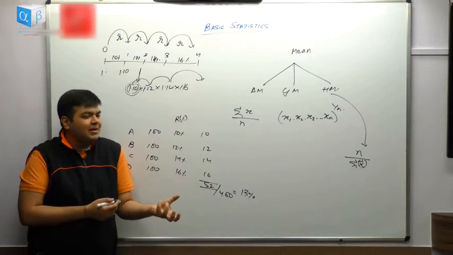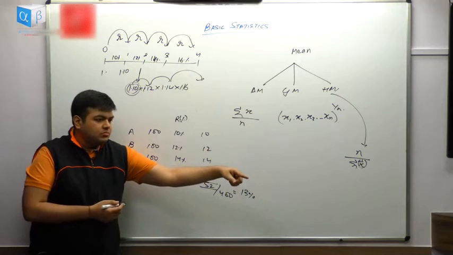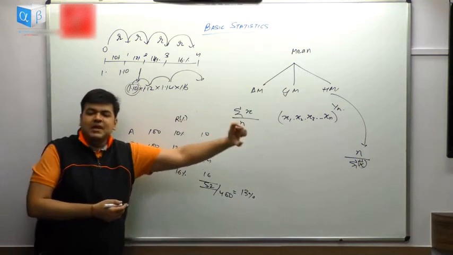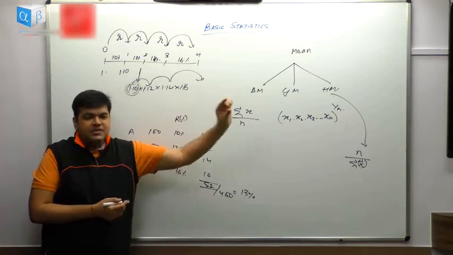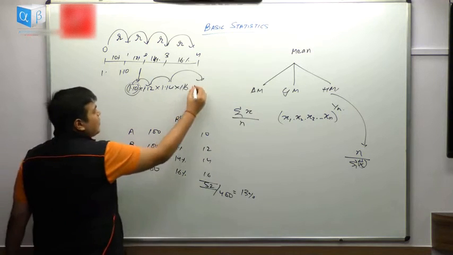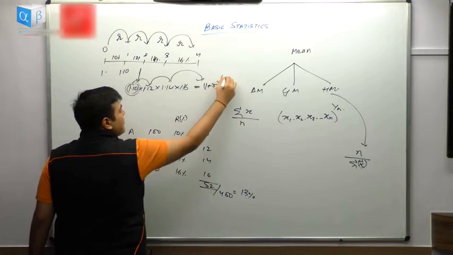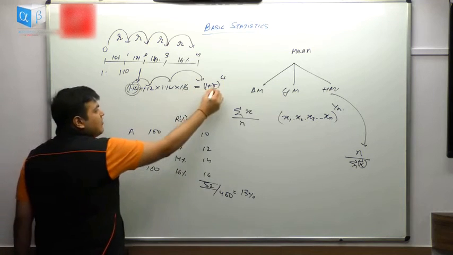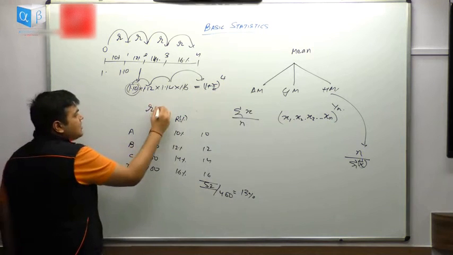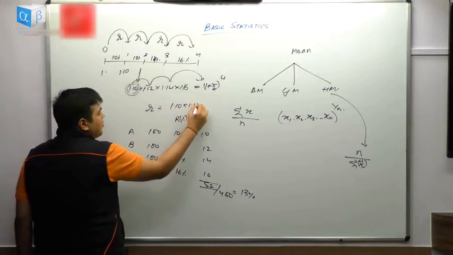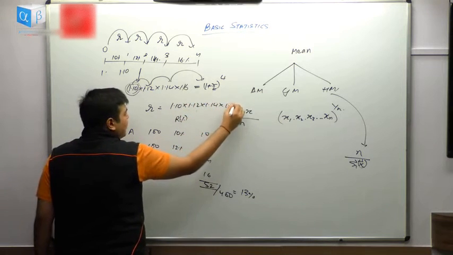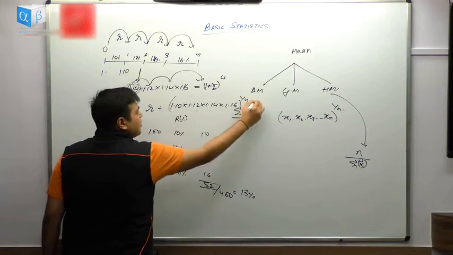Give me the average return, as if it was an X% per annum compounded in all the years. So let's say I equate this at 1 plus R to the power 4, so that R will be the average rate. Now R is going to be 1.10 into 1.12 into 1.14 into 1.16 whole to the power 1/4 minus 1.